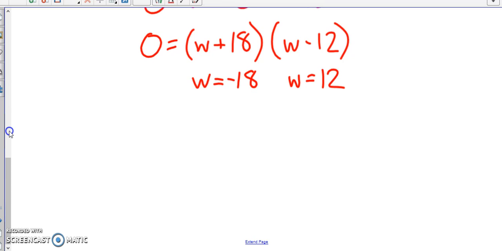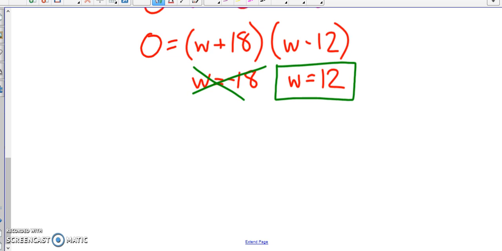The question is, which one of those solutions has meaning? Which one is valid? Well, this is a real-world example. It doesn't make any sense whatsoever for negative 18 to be the width. How could you have a negative width of a picture? I mean, it's not a portal to another dimension, so I'm pretty sure that one doesn't work. So what that means is that you have W equals 12.